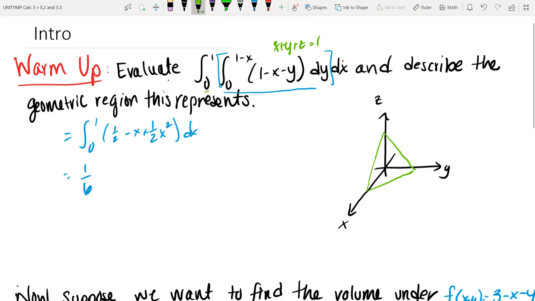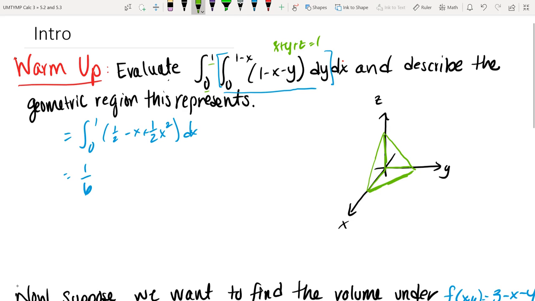The restriction of 0 and 1 restricts x to 0 and 1, so that's here, and the other one for y is restricting along this bottom line here. So really we're looking at this tetrahedron in the first octant. That's what it describes geometrically.